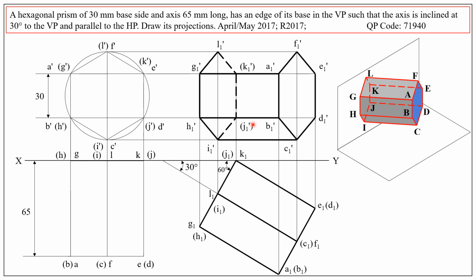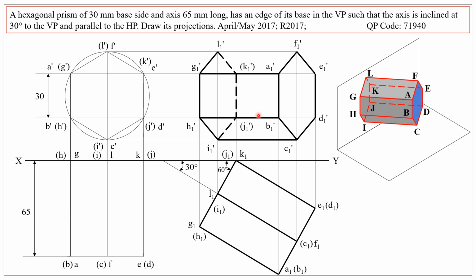So from D1 dash to J1 dash, so J1 dash is here. Draw a dotted line. So the dotted line goes, and after B1 dash, there is already a continuous line connecting B1 dash and H1 dash. Therefore, we may not be able to see a dotted line between B1 dash and J1 dash. It is appearing as a continuous line, but the dotted line is overlapped here.